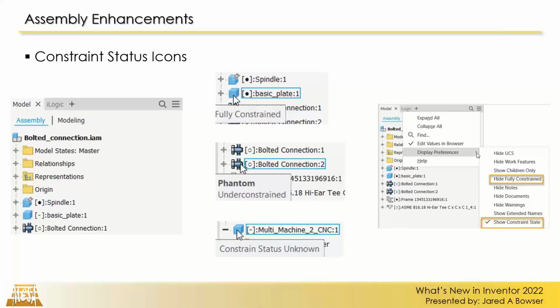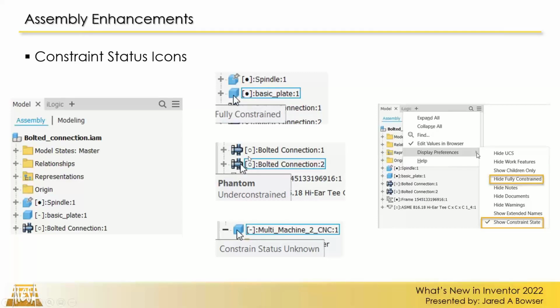On the assembly side, we got some constraint status icons, and these are actually pretty new and pretty cool. But this is another tool that you can use to help you understand if your assembly components are fully constrained or not. You're going to see 3 different icons there. You'll see that filled in circle, which indicates that those parts are fully constrained.